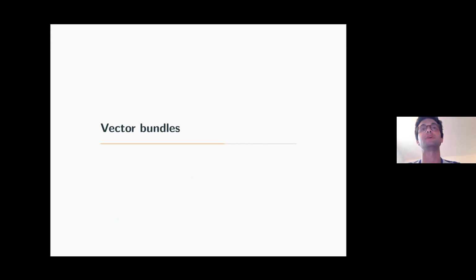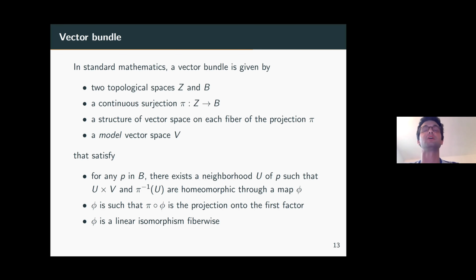The other thing I wanted to say is that they also show some problems that arise with type theory that do not arise in standard mathematics. So I will start by quickly reminding the definition of vector bundles, also to fix definitions.